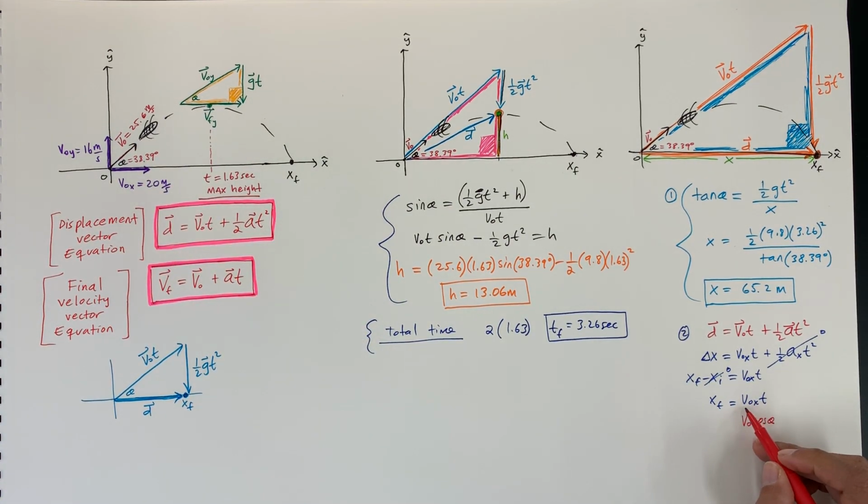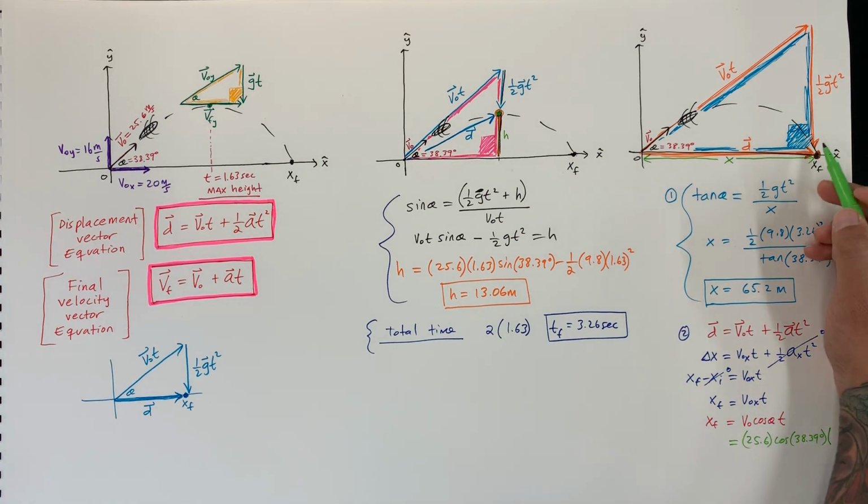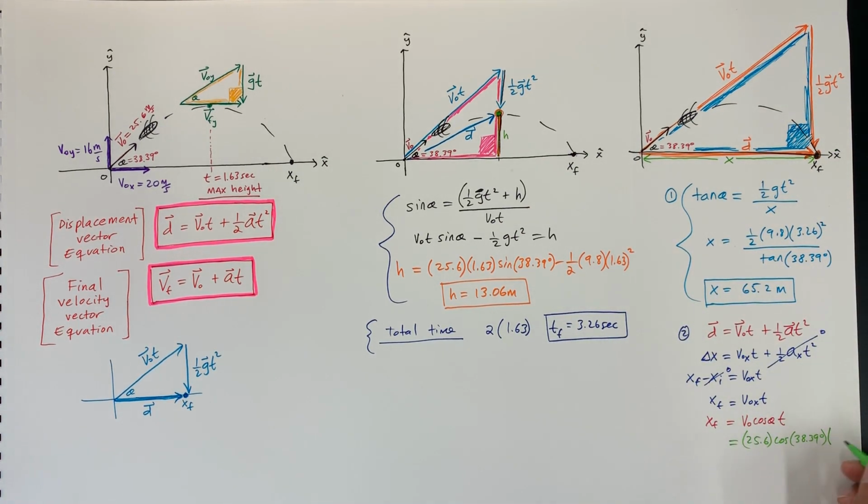So this is the same thing as writing this times time equals x final, and we have all those values. Velocity initial is 25.6 cosine of 38.39 degrees, and the time at the final position is 3.26 seconds.